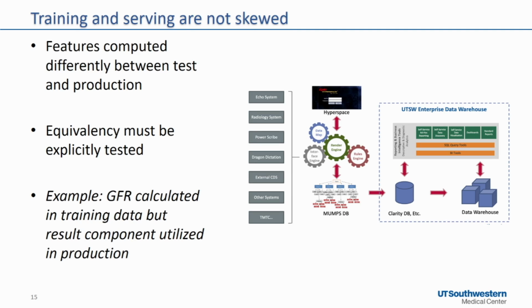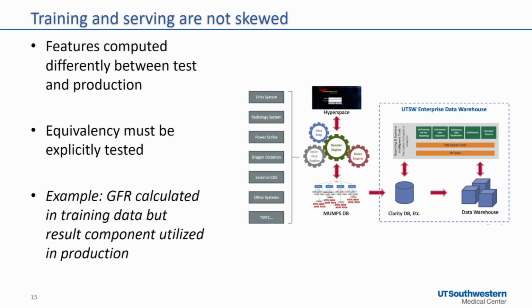Training and serving are not skewed. What this means is that you might have different ways that data elements, the individual factors, are calculated. For instance, if you're dealing with user interface inputs, those aren't going to exist in your training and validation environment, but they will in your serving environment, and you need to think about how that's going to work.